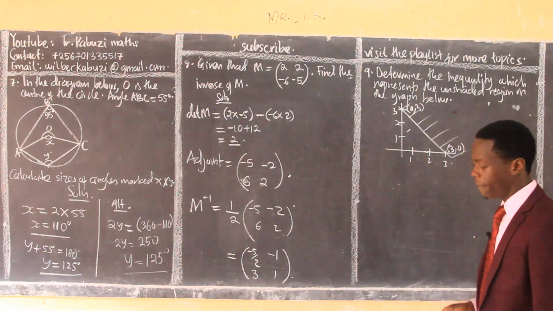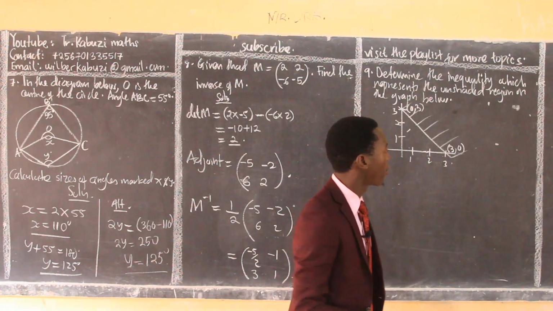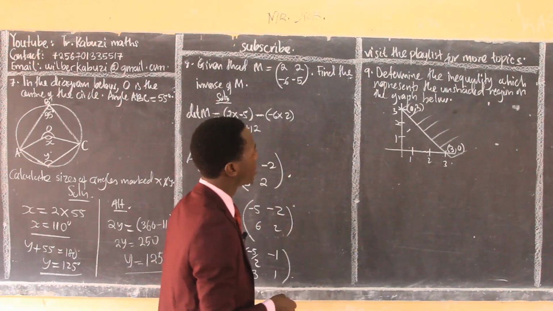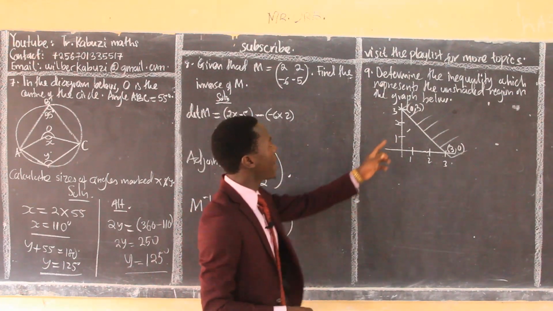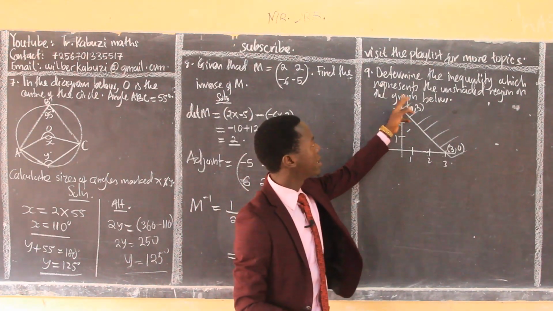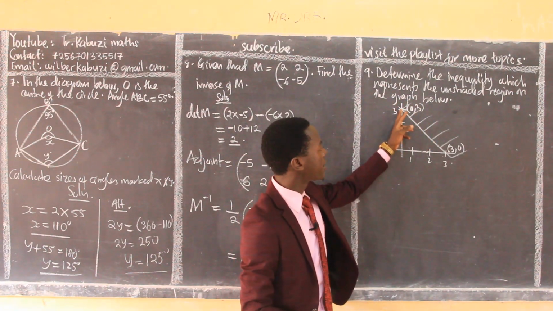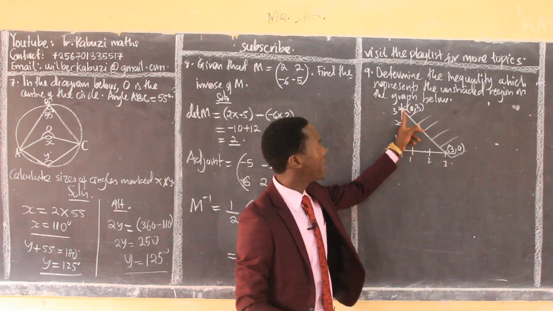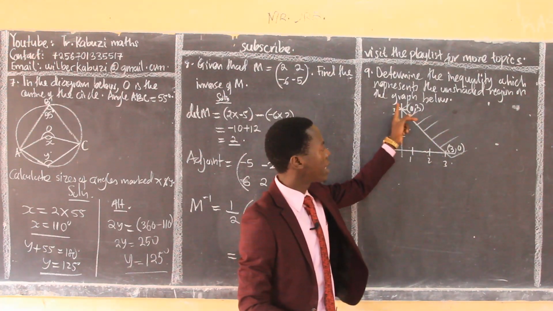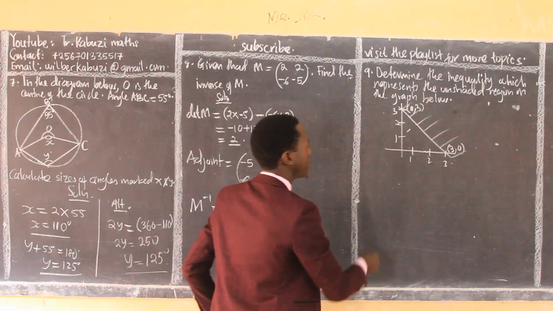Then this one was coming from linear programming, the inequalities specifically. I want us to determine the inequality which represents the unshaded region on the graph below. So we start by getting the equation of this line. We have the intercept already, but now we need to get the gradient. So how do you get the gradient?